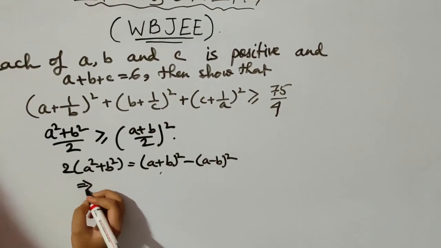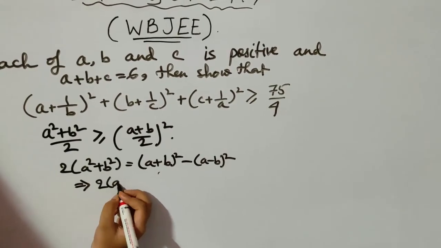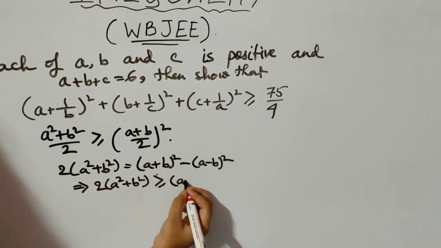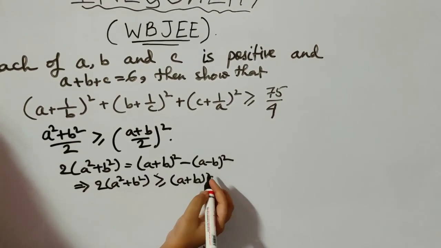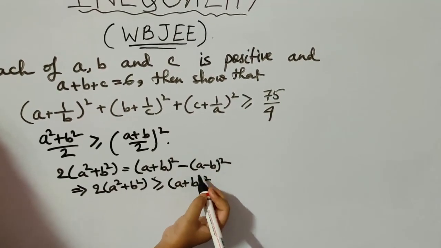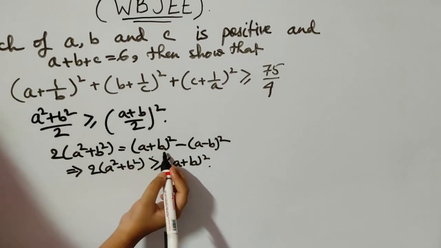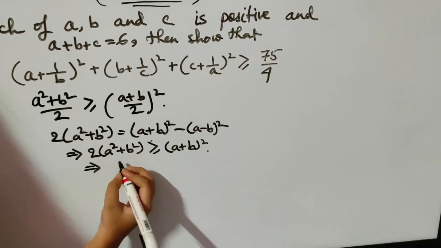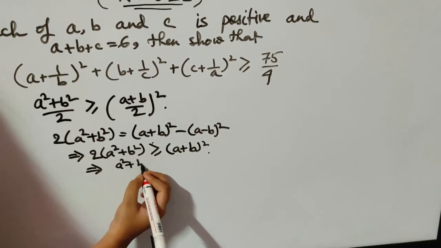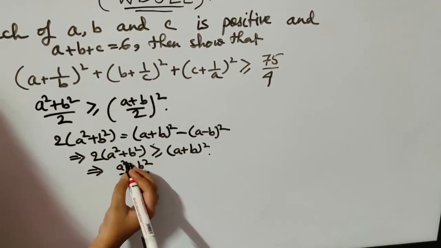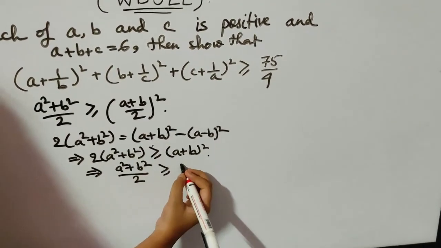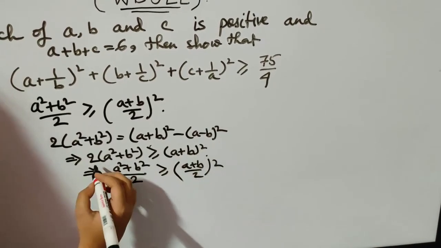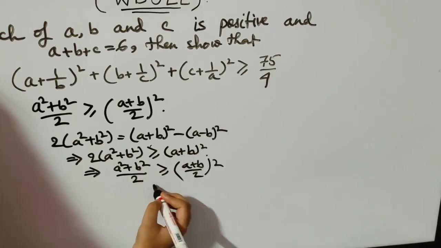So from here you can conclude that 2 into (a square plus b square) should be greater than or equal to (a plus b) whole square, since this term is a positive term. So this term will be either equal to this or greater than this. So from here, by simplifying, you can get (a square plus b square) by 2 greater than or equal to ((a plus b) by 2) whole square. By dividing both sides by 4, you can finally conclude this inequality.